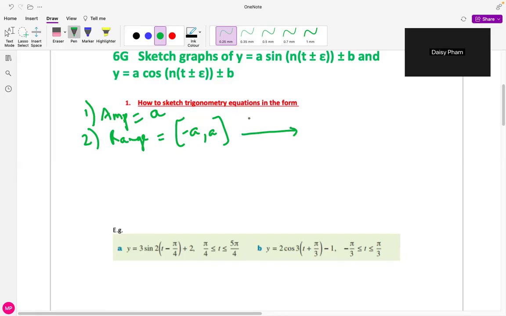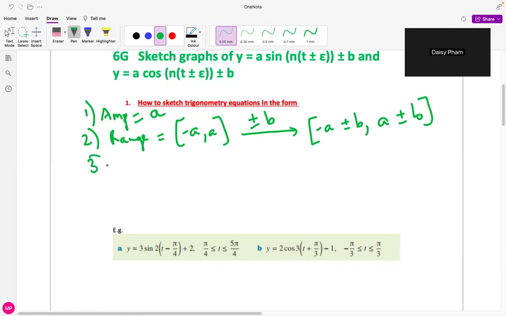So the final range will be plus or minus B to the original range. So you would have negative A plus or minus B, and you do the same thing here, A plus or minus B, right?